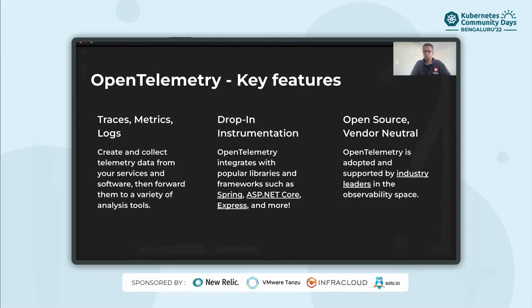It provides drop-in instrumentation, so it has lots of auto-inject libraries for frameworks like Spring, ASP.NET Core, Express. So you can just inject these libraries in your code base and then start seeing data about it, right?